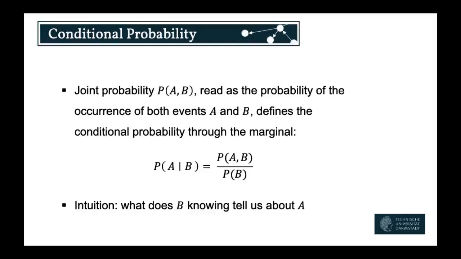What's the probability of that? Using that, through the marginal, we can get the conditional. Here we have the joint probability, here we have the just discussed marginal probability, and now we get this conditional probability. Given B, what does it tell us about A? What is our belief about A? This is really the intuition which you're going to encounter a lot.